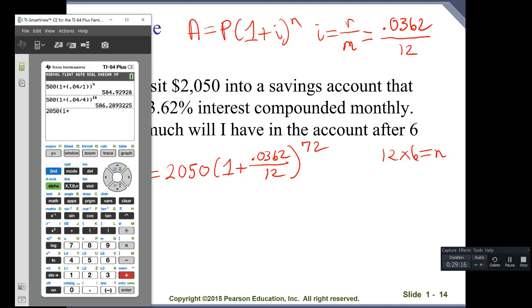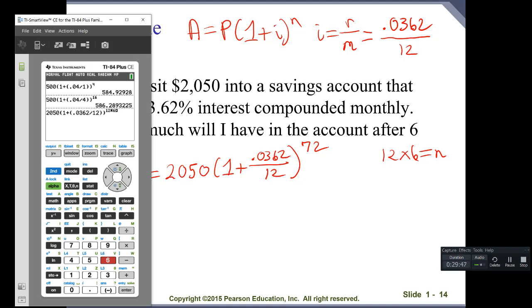So 2,050 times the quantity 1 plus 0.0362 divided by 12, close parentheses, to the, and I'll just put in here 12 times 6. If you have a TI-83 instead of a TI-84 and your screen looks different than this, you might have to put the exponent part here in parentheses.